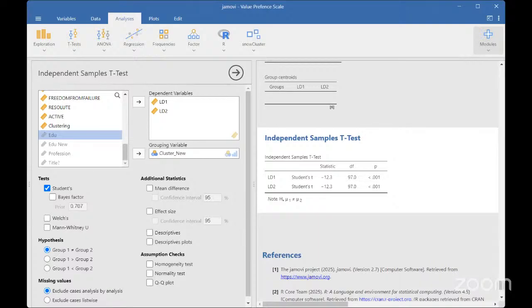Okay. And you just write down the additional statistics, mean difference. You click it, and effect size, you click it. Descriptives.